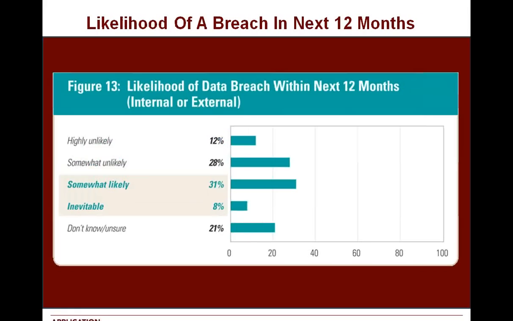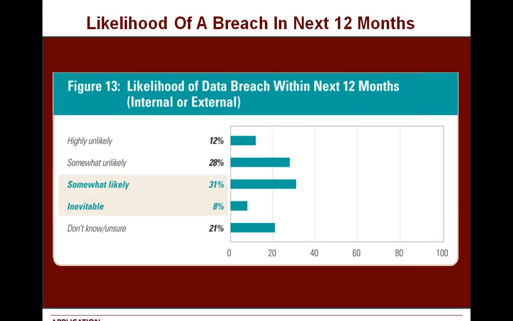Okay, and we also asked our respondents what they feel is the threat going forward. What's the likelihood of a breach within the next 12 months? And while 30% say that they either suffered or may have suffered some kind of breach in the past year, we see that 39% expect something bad to happen over the coming year. 8% even resign themselves to the fact that some kind of data breach is inevitable.